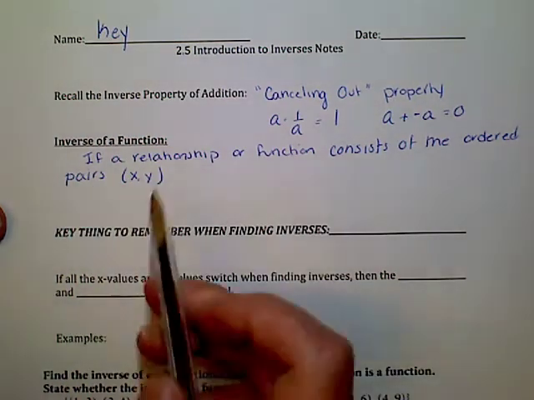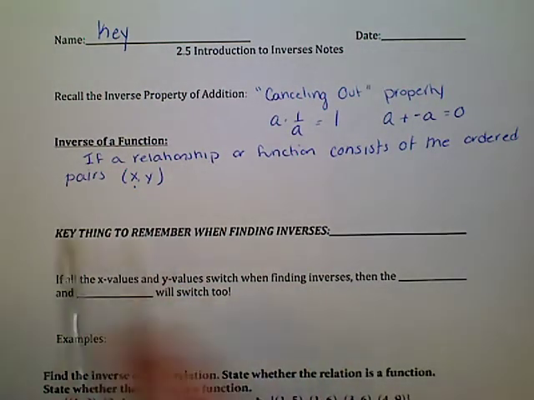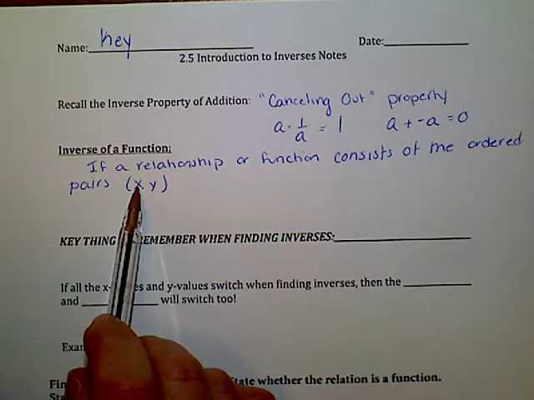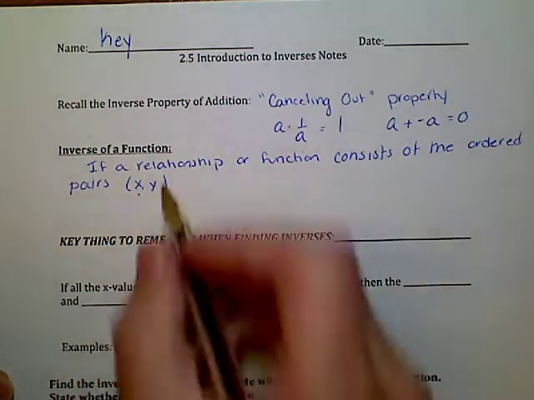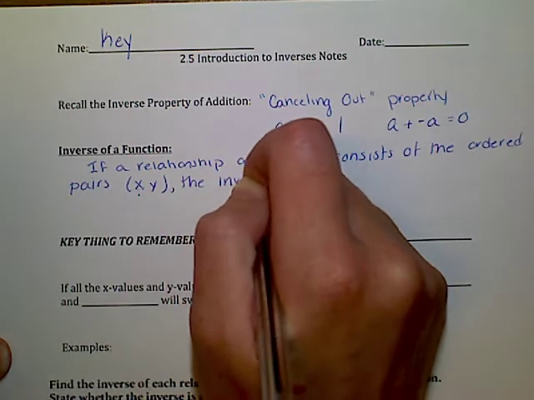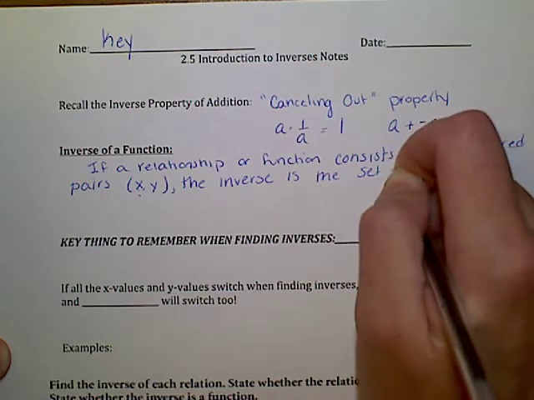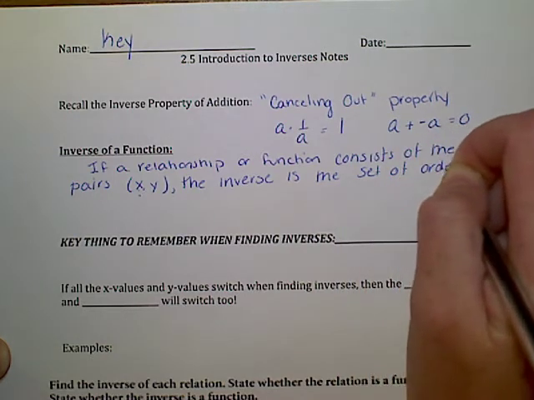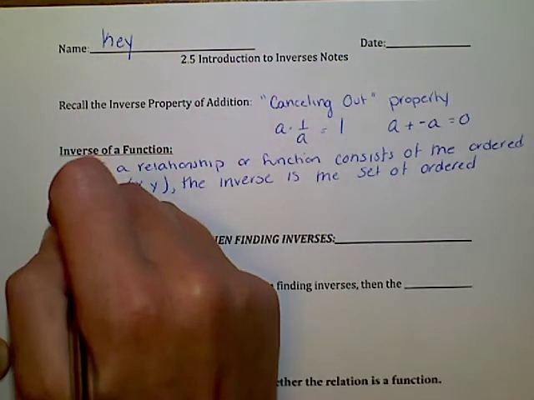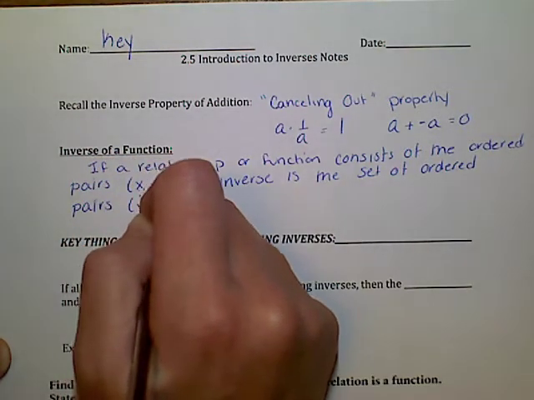So if you think about it, all our graphs, any equation, it basically is made up of an infinite number of points with an x coordinate and a y coordinate. The inverse is the set of ordered pairs designated as y comma x.